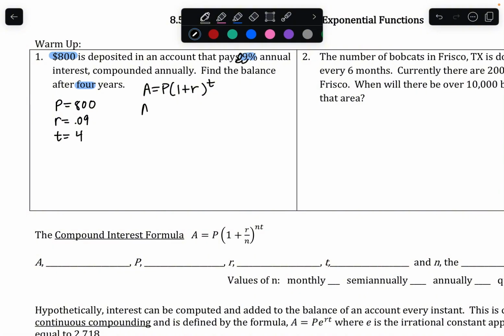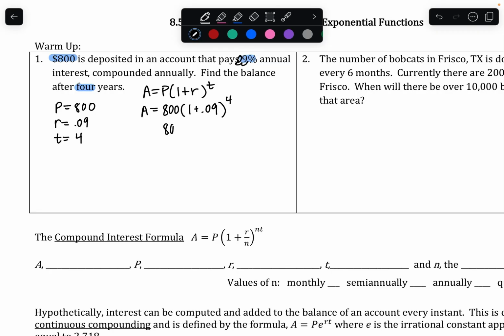And so we need to find the future amount of the $800 after it has grown by 9% each year for 4 years. We can type that expression in our calculator. If you want to simplify the 1.09, that's an easy simplification.